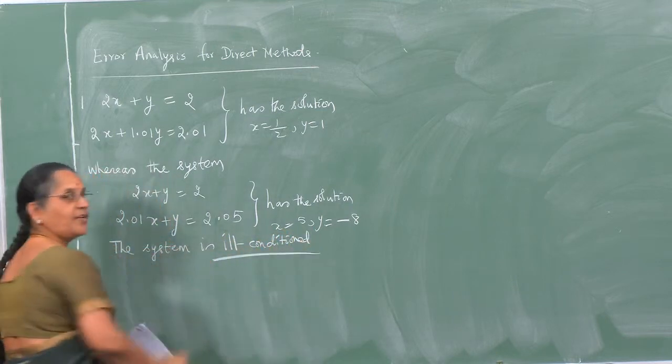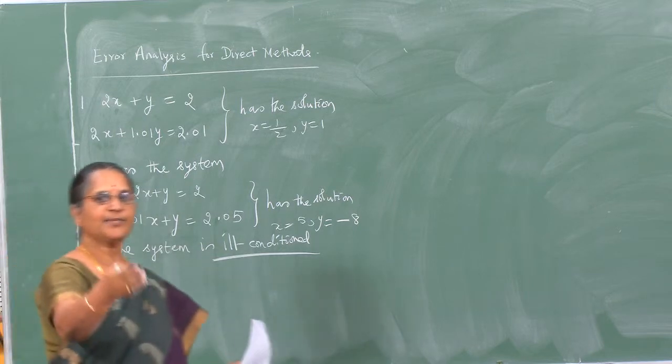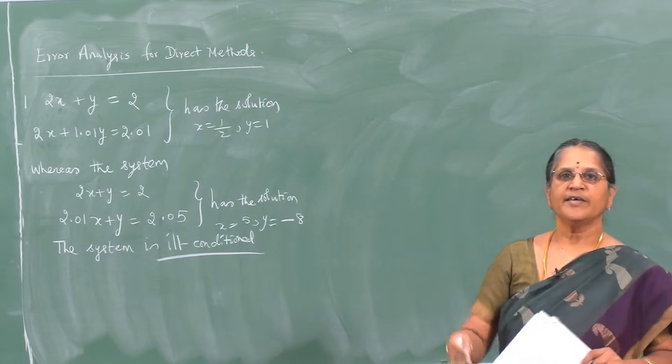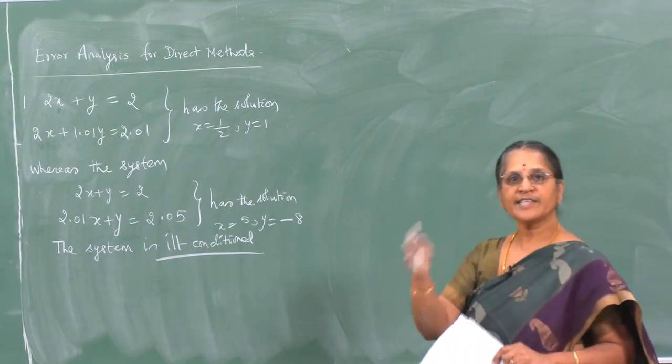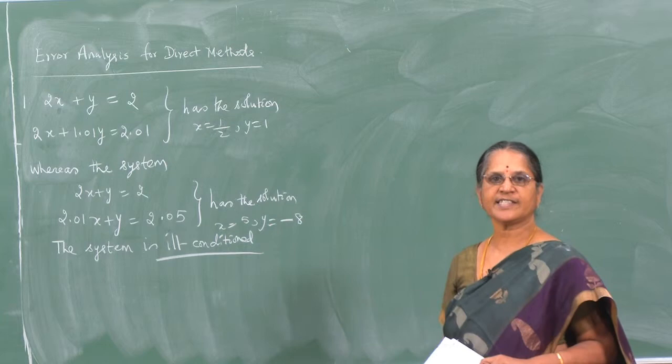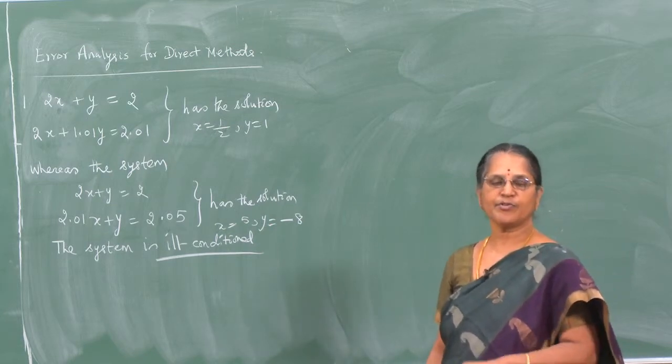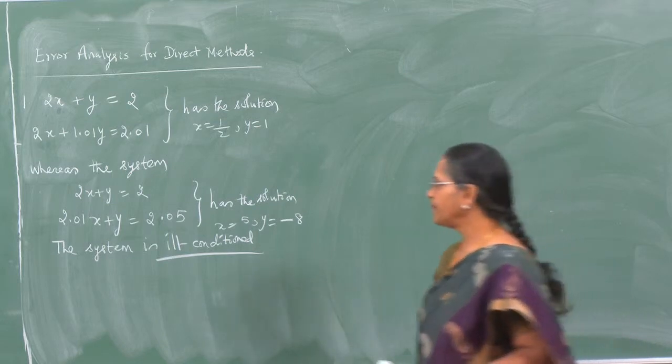Namely, when there are small deviations in the input resulting in large deviations in the final solution, we call the system an ill conditioned system.